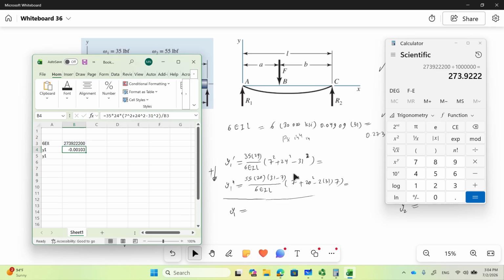Alright, so this is what I got. The sign doesn't matter, because in this equation I have the force going downward. Okay, so this is y1 prime.